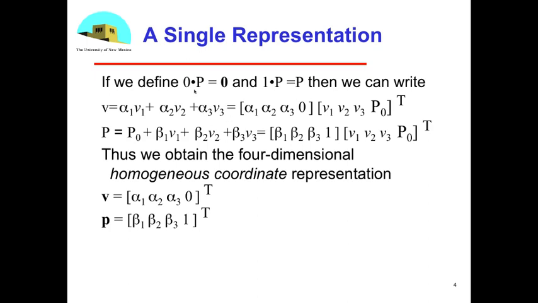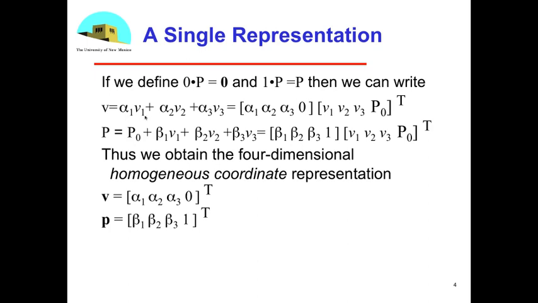Remember a while ago we said it doesn't make sense to multiply a point by an arbitrary scalar because a point has no geometric properties, it's just a location. But if I define 0 times a point to be the 0 vector and 1 times the point to simply leave the point alone, then I could write the following.